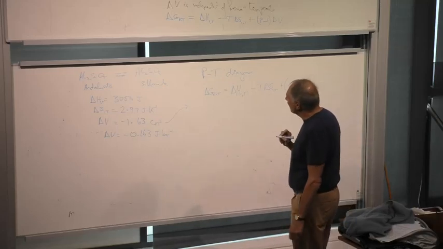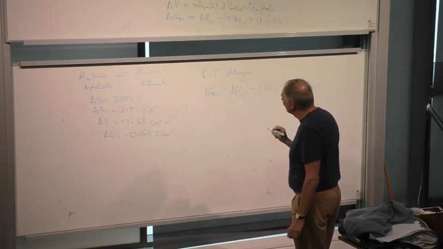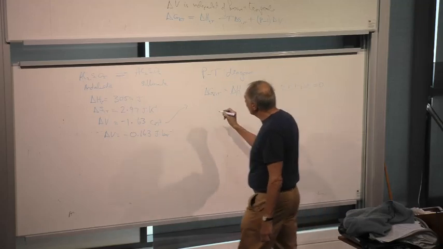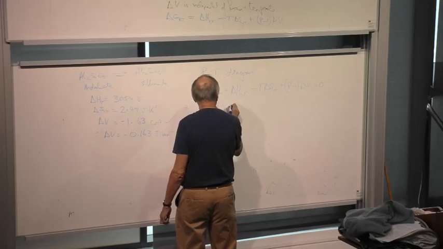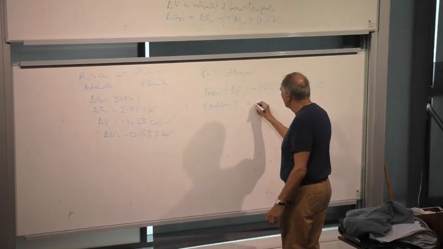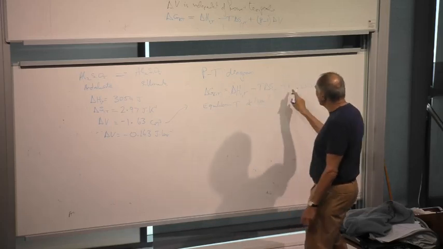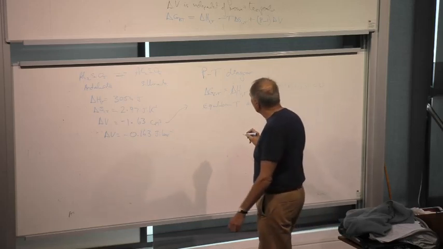So first of all, to calculate the line on the PT diagram, we can ask what's the equilibrium temperature at 1 bar? We set P equals 1, so that term disappears.